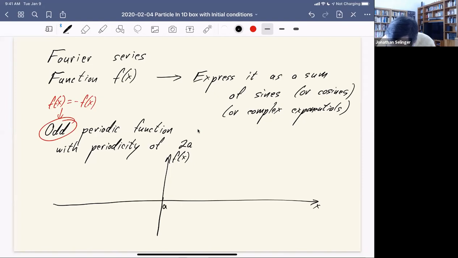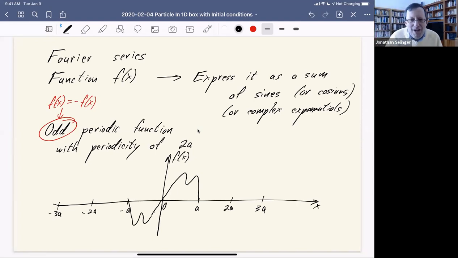Okay, so here's a. No, that's not a, that's 0. 0, a, 2a, 3a. And here is negative a, negative 2a, negative 3a. Okay, so my odd function is going to look something like this. All right, that looks sort of like an odd function, doesn't it? It's not the world's greatest drawing, but you can probably tell what I'm trying to do.